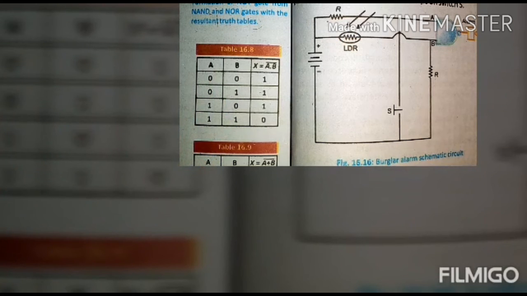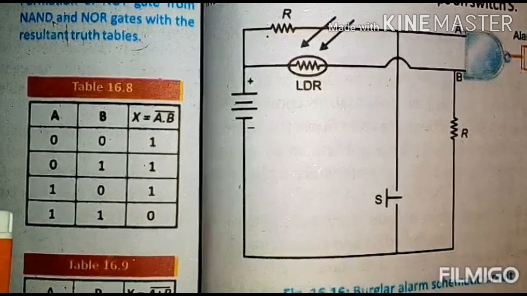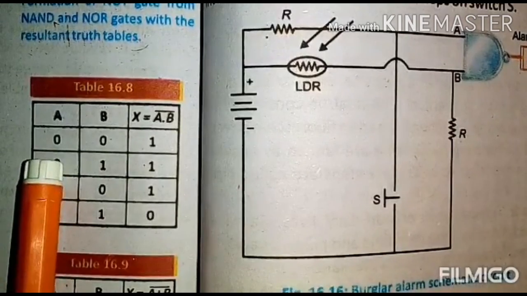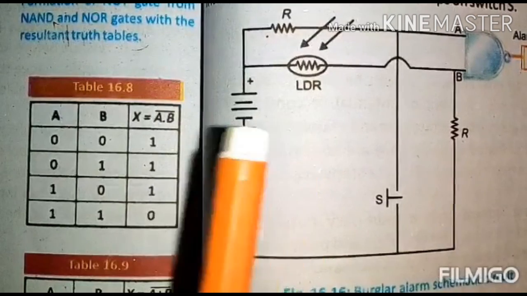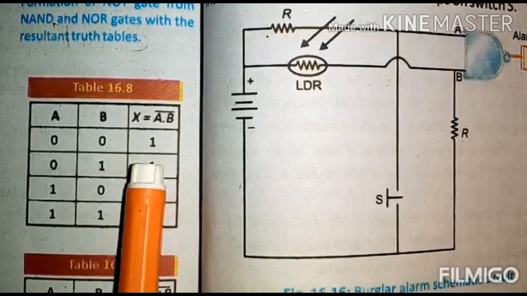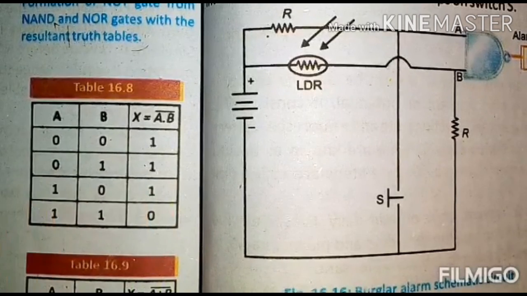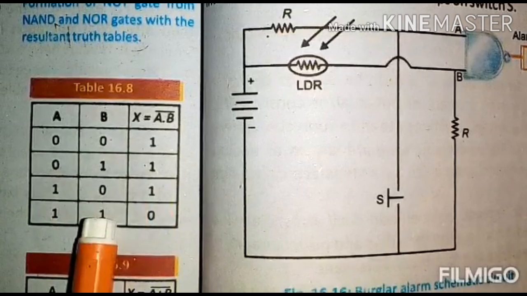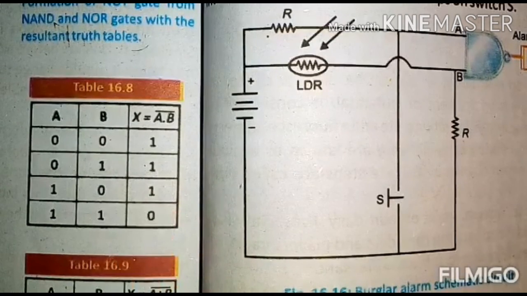Now you can see that if the push button is pressed and also the light which is falling on the LDR is interrupted by the thief, the alarm will ring. Or either the thief is coming through the push button, or he is interrupting the light. In both the cases, the alarm will ring.